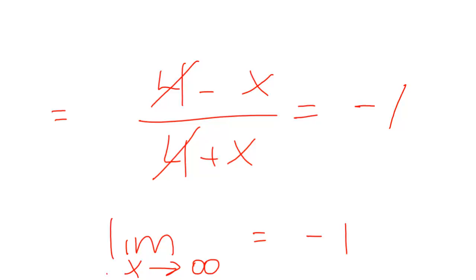This gives us 1 over square root of 1 plus h plus square root of 1, which, as h approaches 0, is equivalent to 1 over square root of 1 plus square root of 1, which is equal to negative 1, which is our limit.